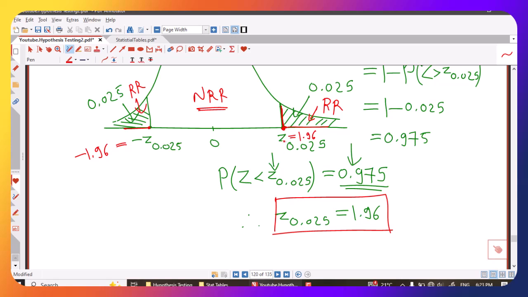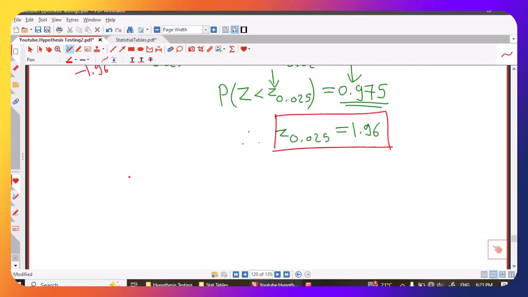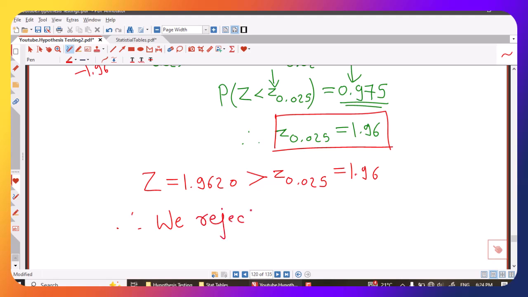So 1.9620 is greater than 1.96. It can be somewhere here, 1.9620. So we are in the rejection region. So we can write that Z equal to 1.9620 is greater than Z 0.025, which is 1.96. Therefore we are in the rejection region, and therefore we reject the null hypothesis.